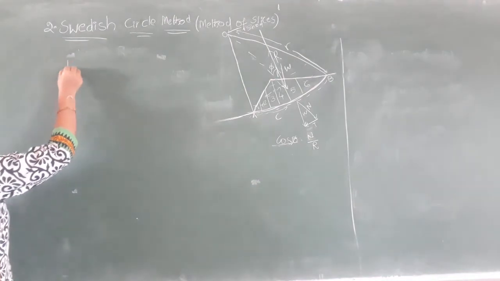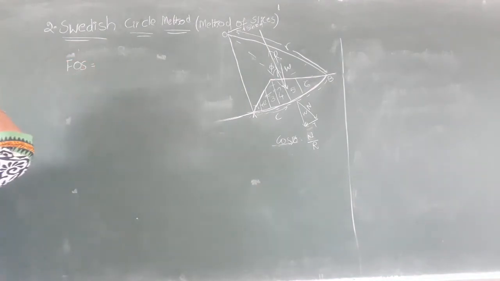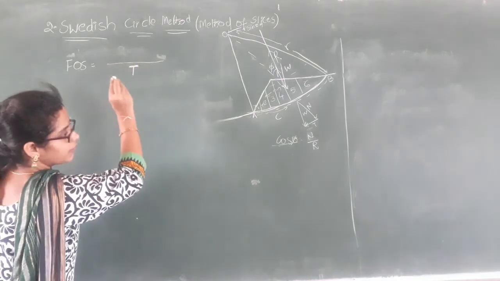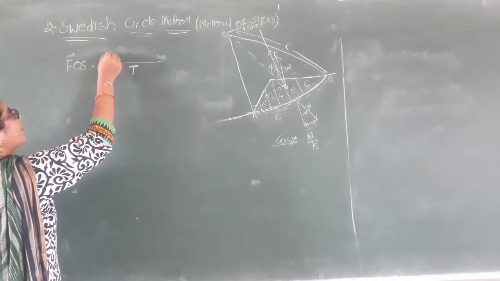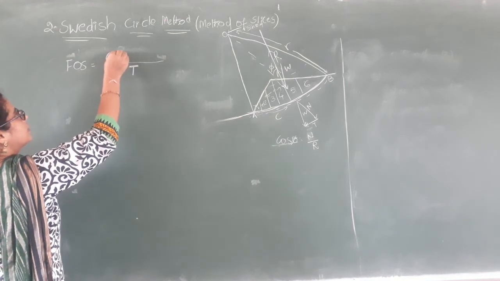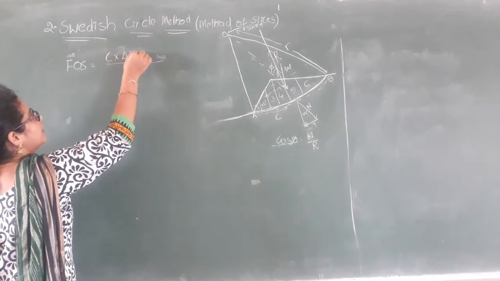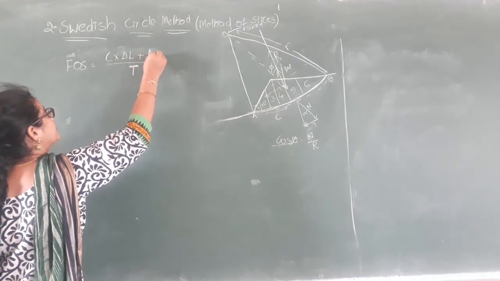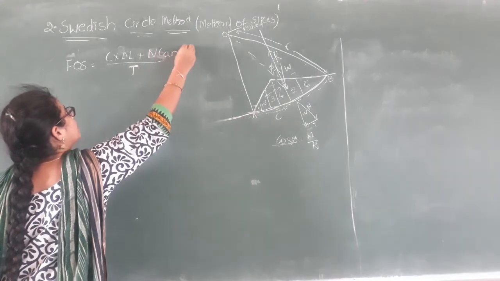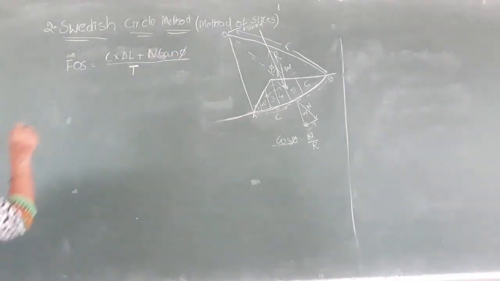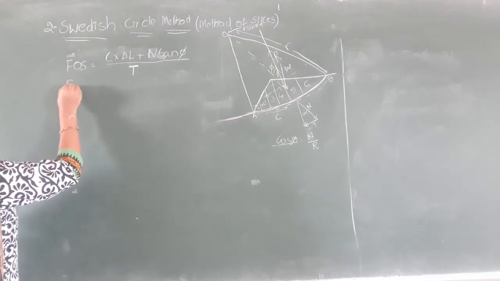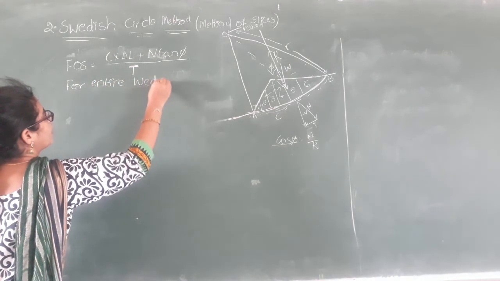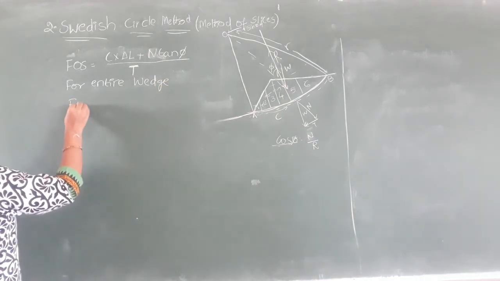So factor of safety for a single slice was C into delta L plus N tan phi by T. If you want to do the analysis for the entire wedge, we can apply summation for each term.